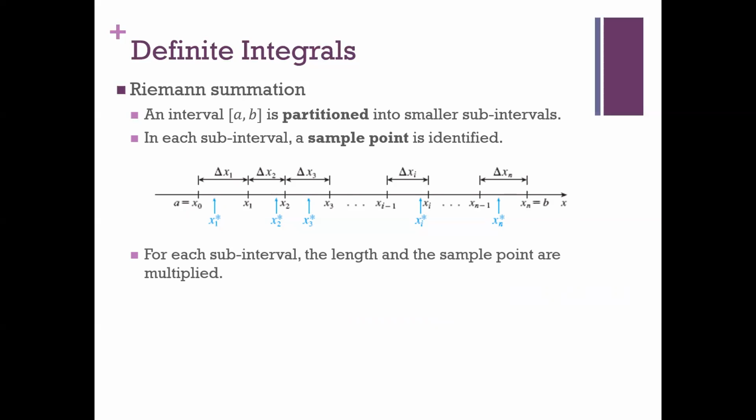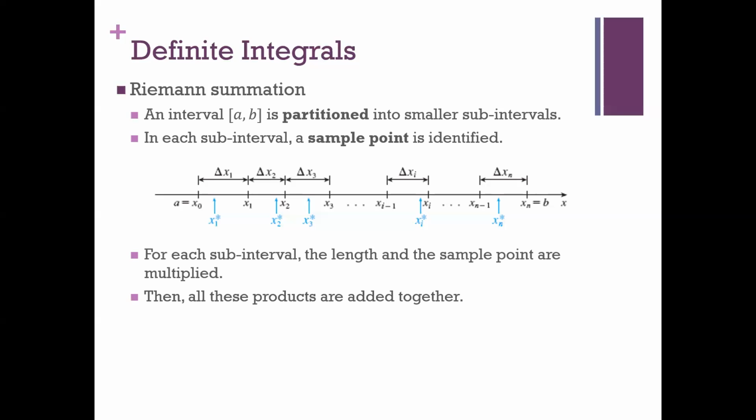For each subinterval, you're multiplying the length by the y value at the sample point. So you're multiplying whatever the length of that interval is by whatever the f of x sub i is. So each one of these is like finding the area of a rectangle, right?